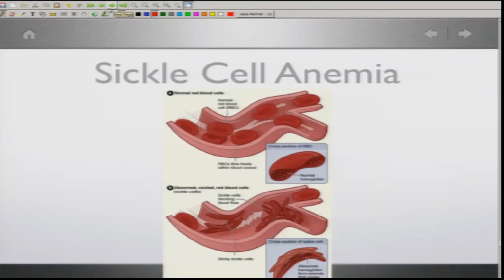In the case of sickle cell anemia, which is a genetic disorder, the shape of the RBCs shifts like this, and because of this peculiar sickle shape, there are situations where these RBCs clog the vessel.